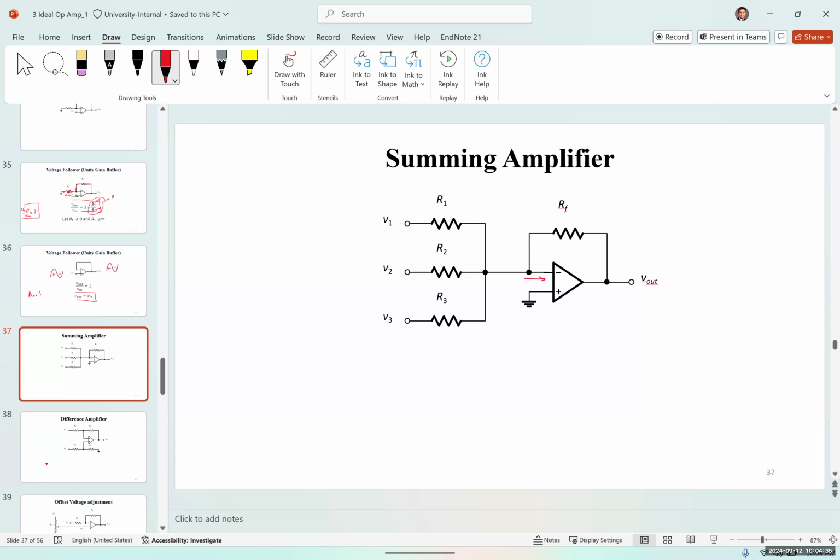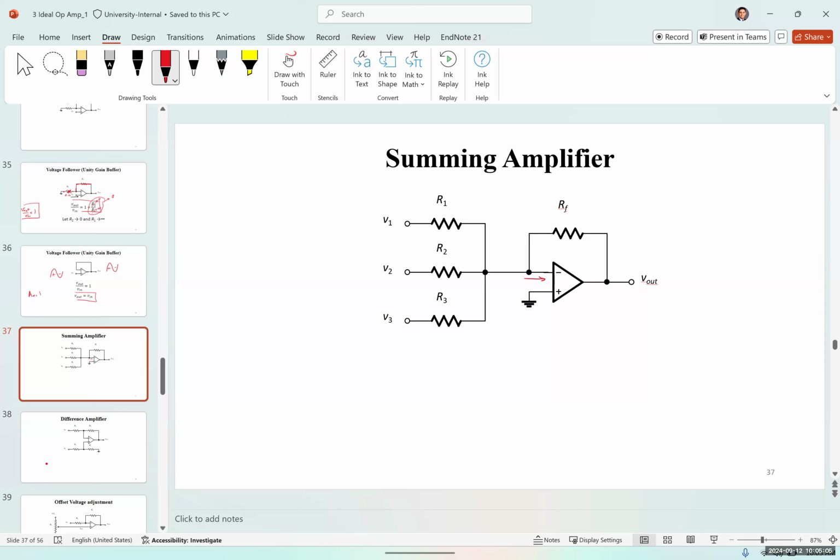But if I add multiple resistors to the input resistor of an inverting amplifier, then I'm creating a summing amplifier. So as its name suggests, this sums the input and gives this to the output.